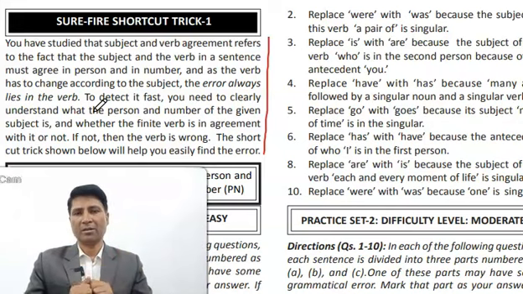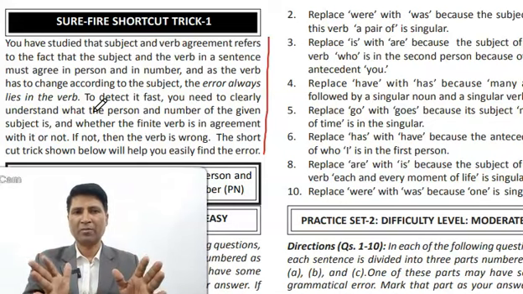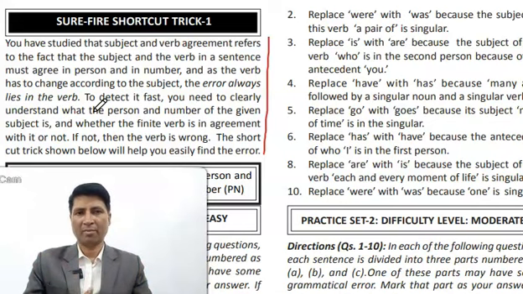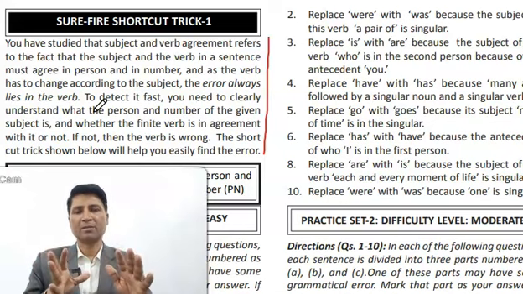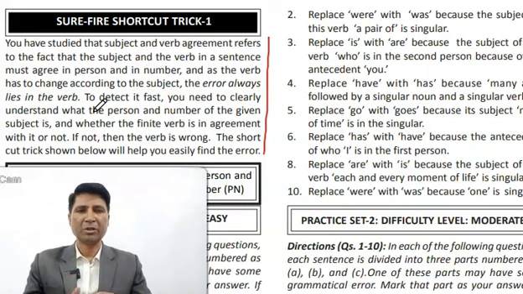This is called thinking. So this surefire shortcut trick will help you think about the entire chapter, and do not move faster. Once your thought process starts developing, your understanding automatically goes up, and it takes time. Now let us understand this surefire shortcut trick 1.